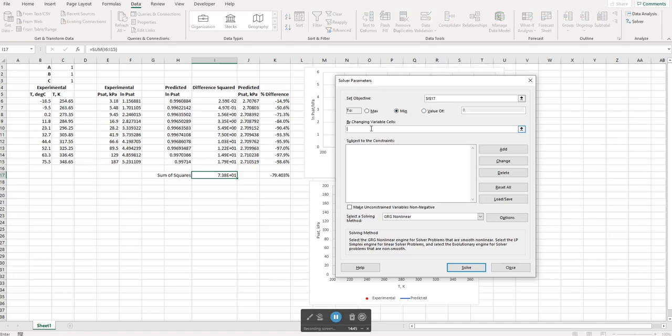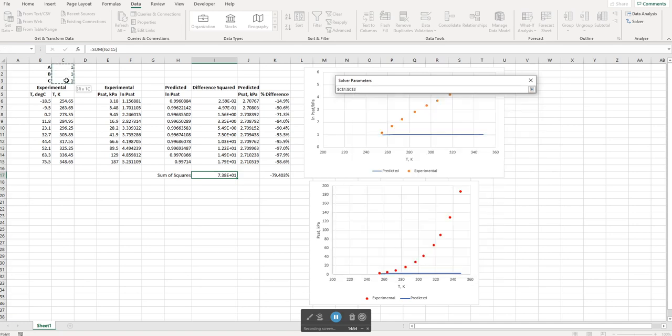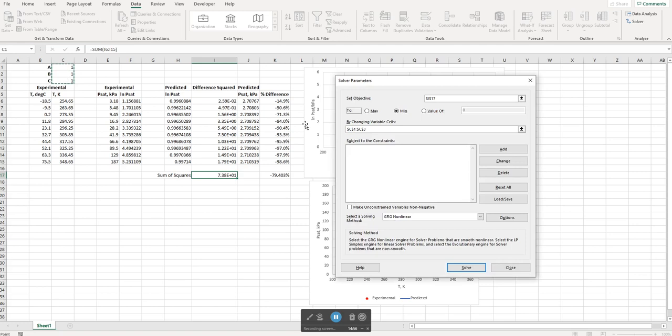Well, what are my variable cells that are going to be changing? It's not any of the data or anything here. It's these parameters, A, B, and C. And so I'm going to select these 3 cells. So those are my cells. Do I have any other constraints? I don't really have any constraints that I need to add.